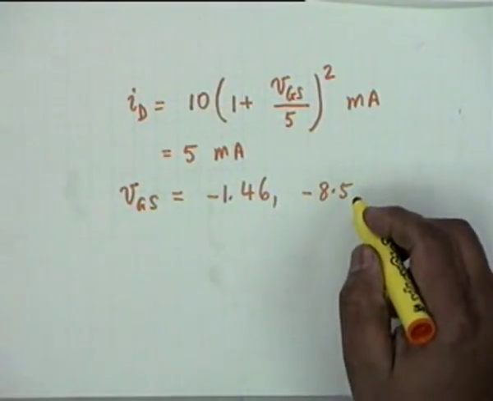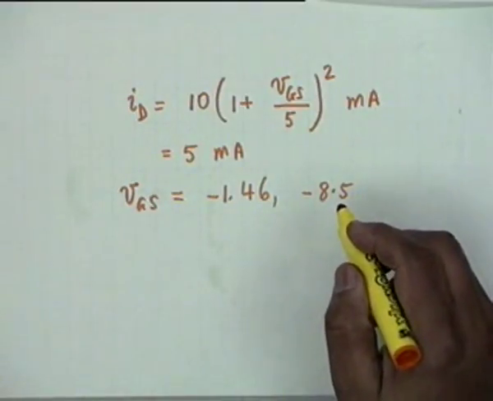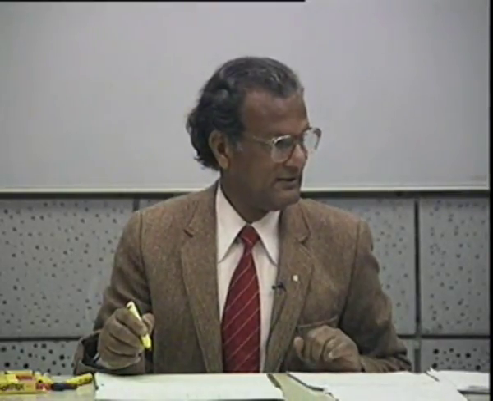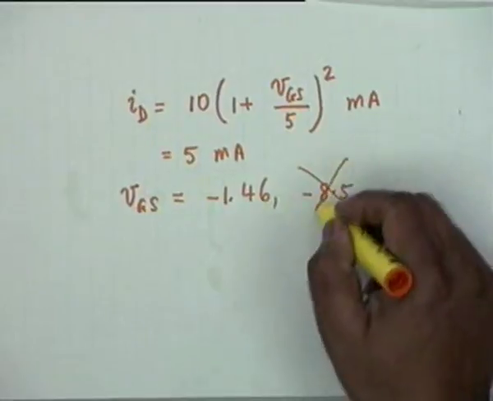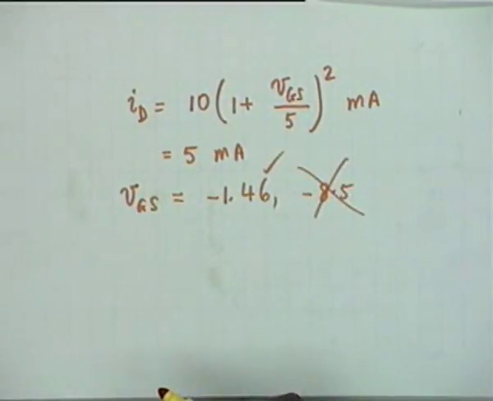Now 8.5 obviously is not permitted because it is greater in numerical value than the pinch off voltage. It is less than Vp, and therefore the acceptable value is minus 1.46. Agreed?